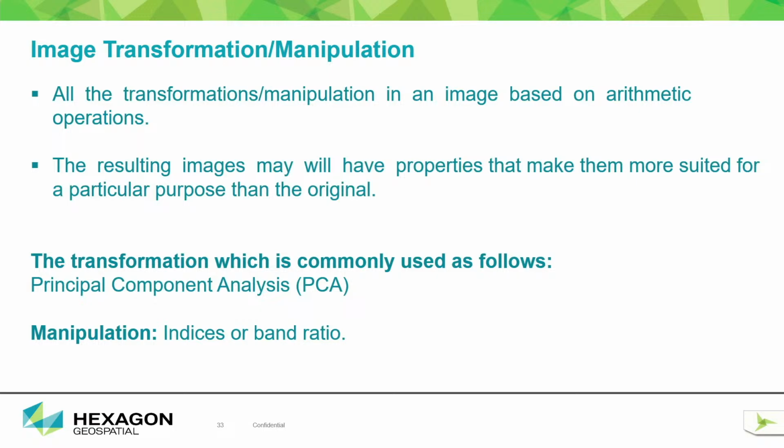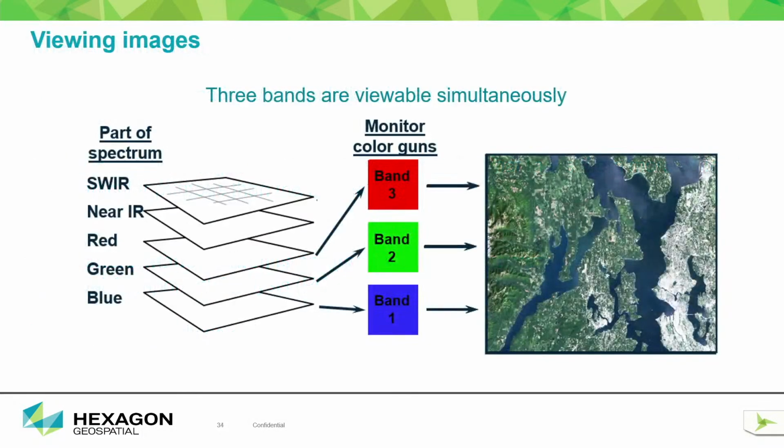So our third session for the day will be the manipulation, that is the indices or band ratio calculation. Before that, I would like to give you some information about remote sensing, although you had sessions the last 2 days. Here I am telling about multispectral, hyperspectral and panchromatic bands.